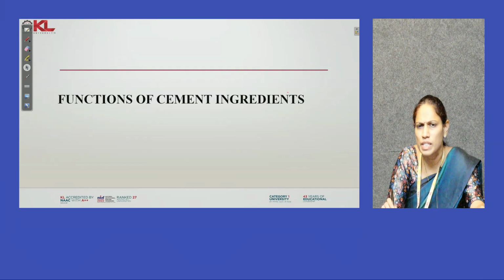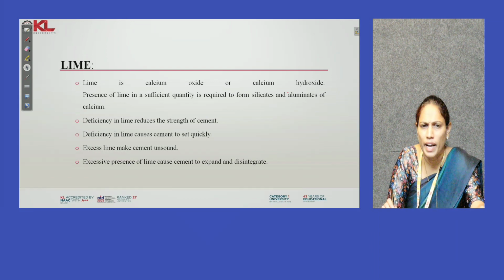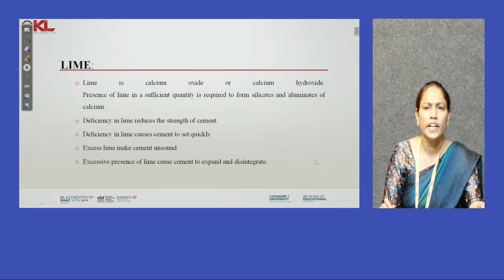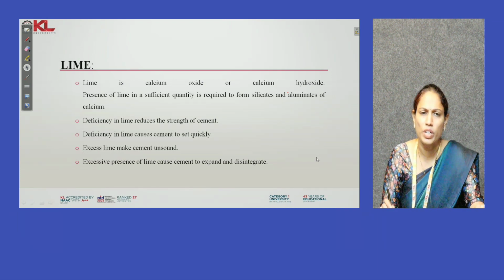So the functions of cement ingredients. Lime, which has already been discussed, is calcium oxide and calcium hydroxide. Presence of lime in sufficient quantity is required to form silicate and aluminate of calcium. Deficiency in lime reduces the strength of cement and causes cement to set quickly.